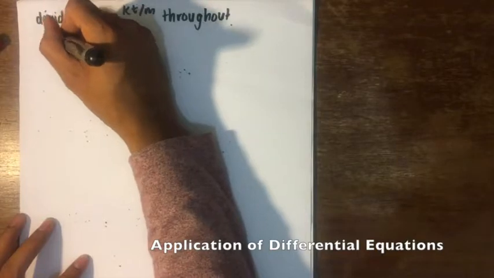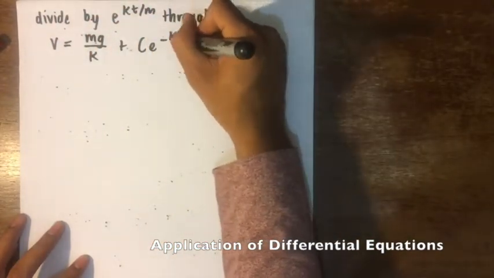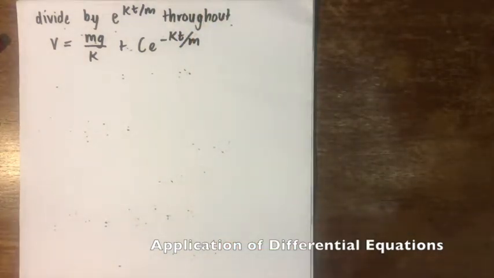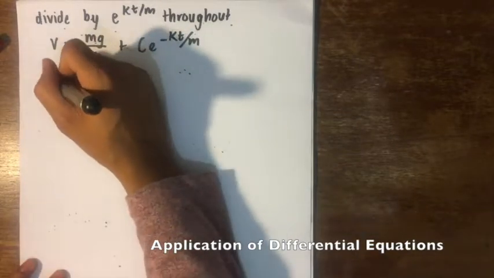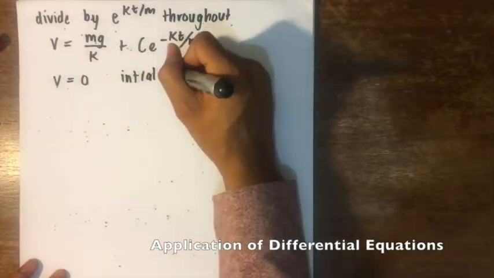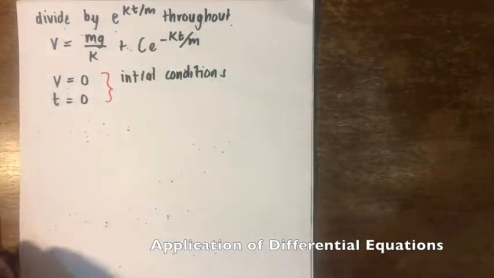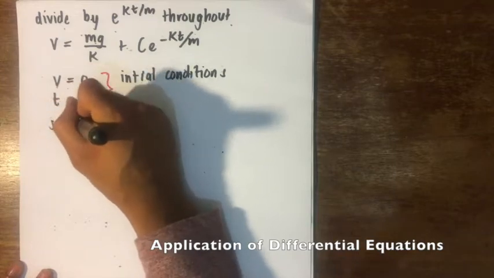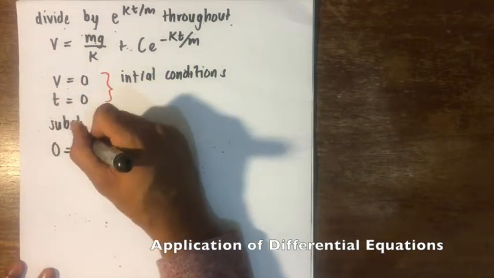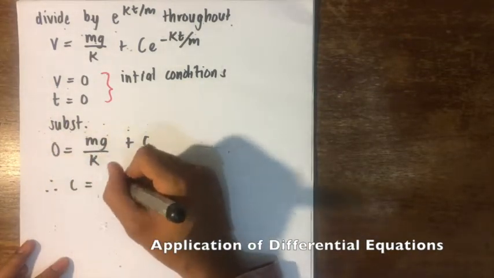We are then left with V is equal to mg over k plus c times e to the power of negative kt divided by m. Okay, the ball was released from the building, so therefore the initial velocity is equal to 0. And because the building is obviously stationary, t is also equal to 0. So therefore we substitute these conditions in to get this. And we can therefore find out our C value.